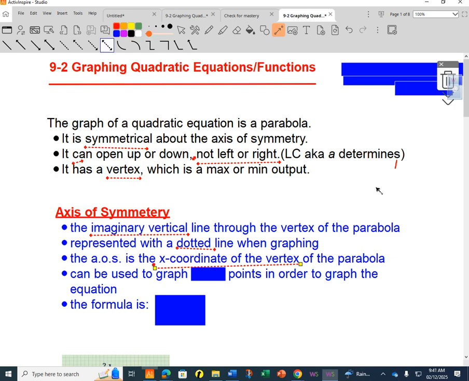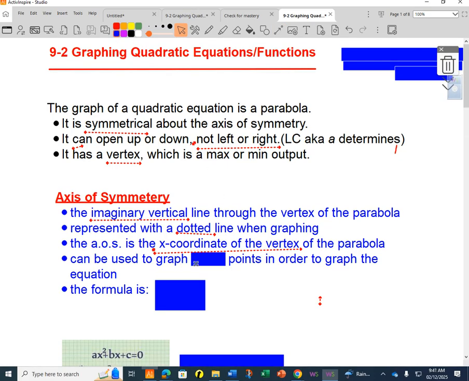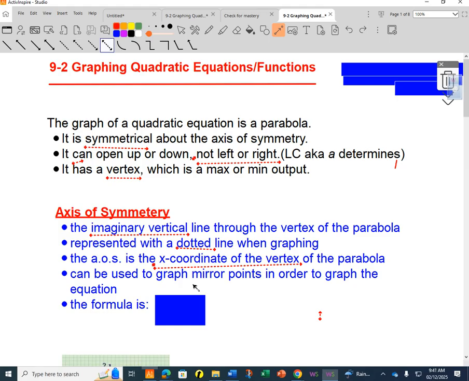And then once we find the axis of symmetry, now we'll know the x-coordinate of the vertex. The axis of symmetry can be used to graph mirror points. That makes graphing parabolas easier, a little less work.